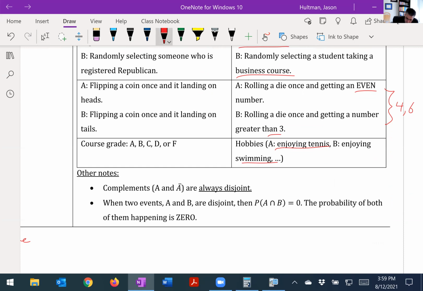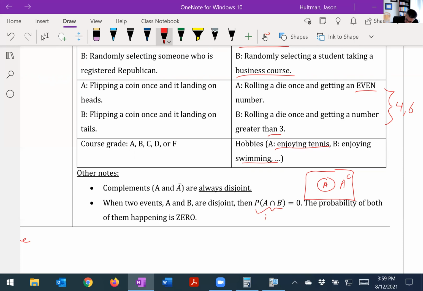Complements: A and A complement are always disjoint. You're either in A or you're not in A, and this would be A complement. So they're always disjoint. When two events A and B are disjoint, the probability of their intersection is 0.